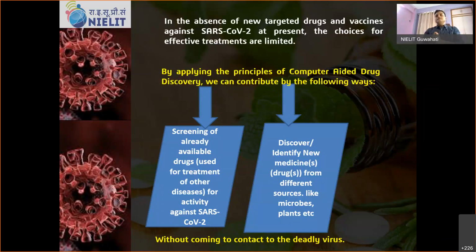In that line, we have put our efforts into screening compounds from black tea, green tea, and known antiviral plants like neem and Houttuynia cordata, and we have identified quite a few compounds helpful for binding into the designated drug targets, like proteases, other non-structural protein groups, or structural protein groups.